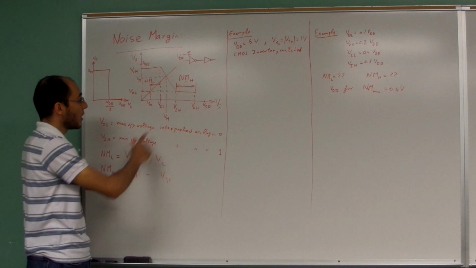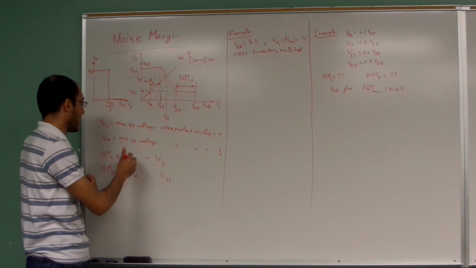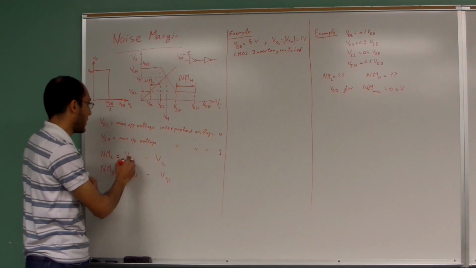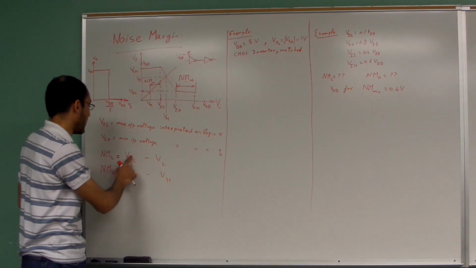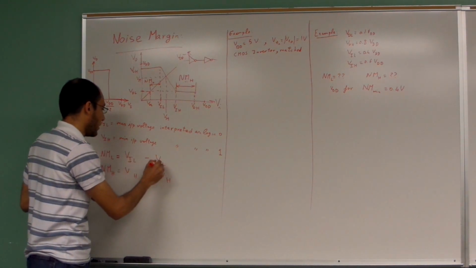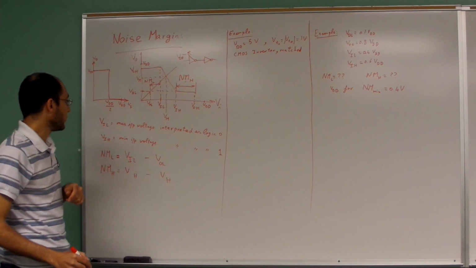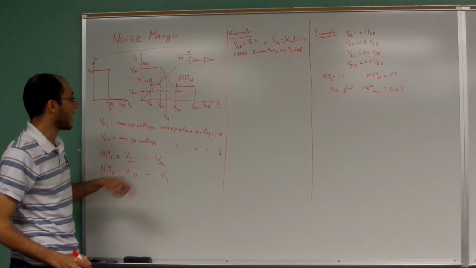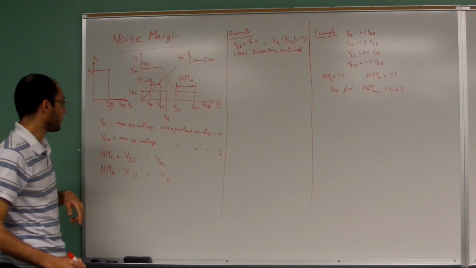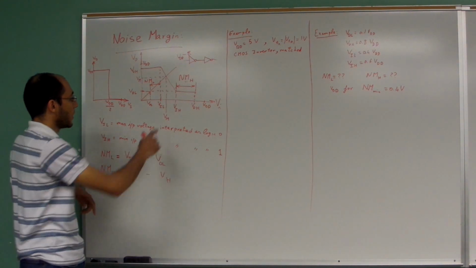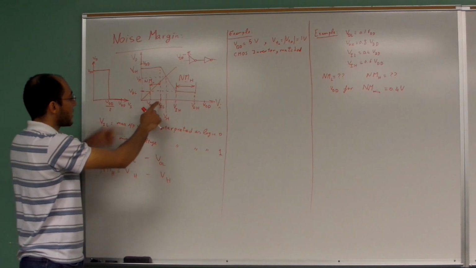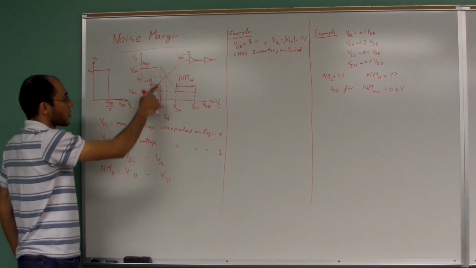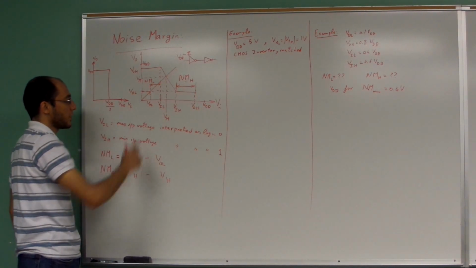And you take the bigger value, which in that case is the input, and then minus the output. V input low minus V output low. So that is the noise margin low. Noise margin low is defined as V input low minus V output low.